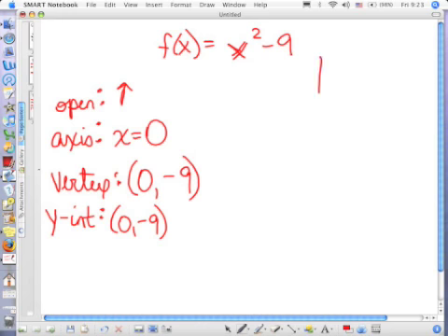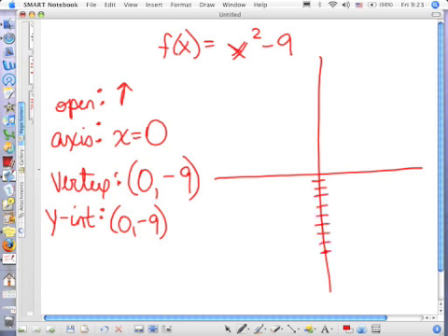All right? See if we have enough information. Our axis of symmetry is the y-axis. Our vertex sits way down here. That's all we know.